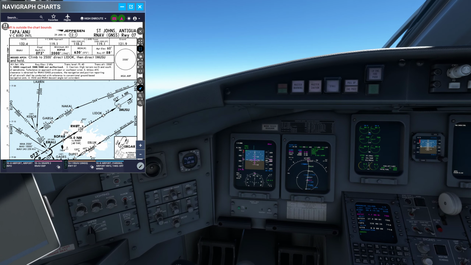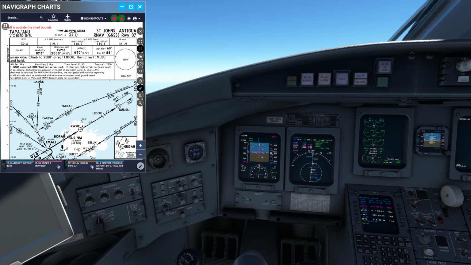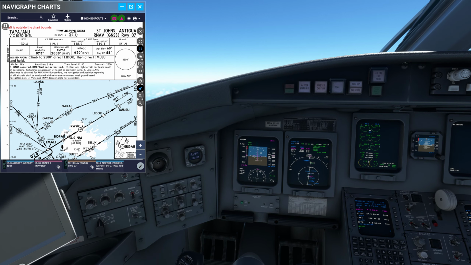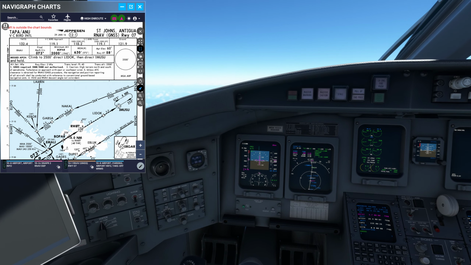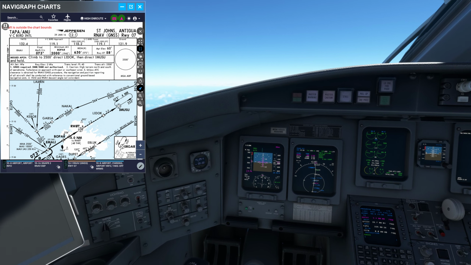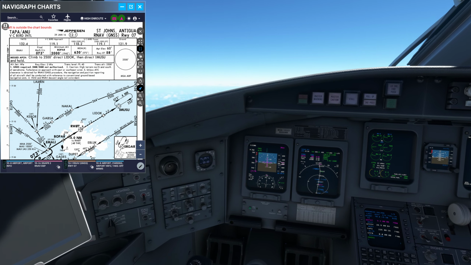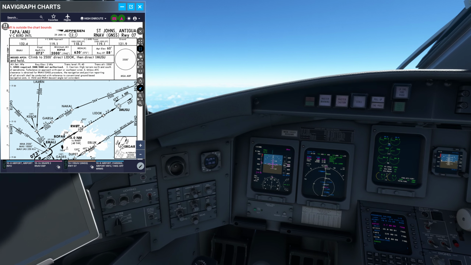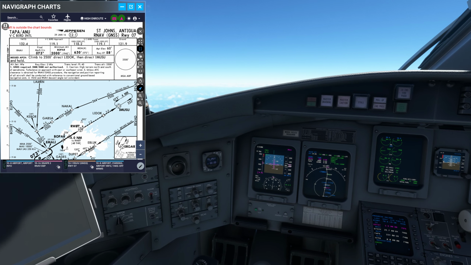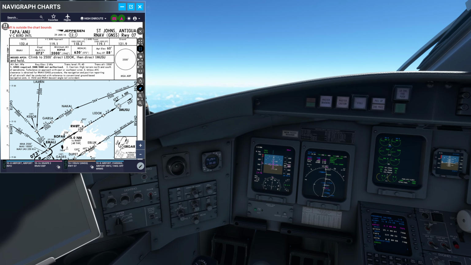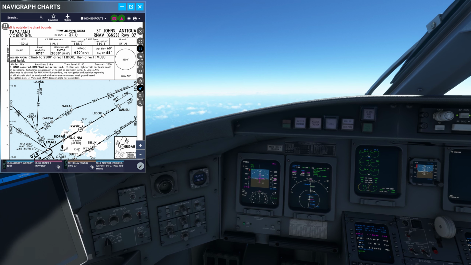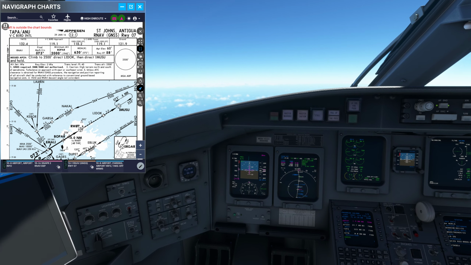ATIS doesn't make any sense. The weather says, let me see here. Let's check the weather. Weather says 1700 Zulu. It is not yet 1700 Zulu, so I don't see how that can be correct.